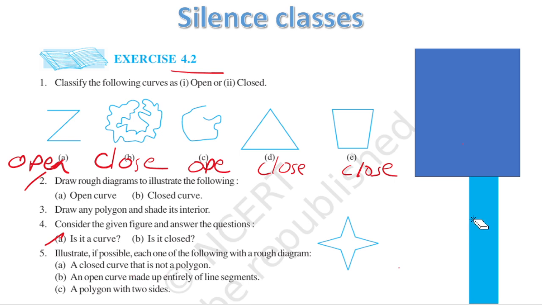Okay, so we can draw it like this, and we can make one round over here. So this is a figure, this is a closed curve, and it is not a polygon.